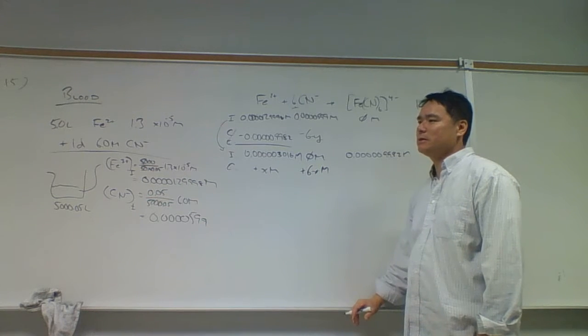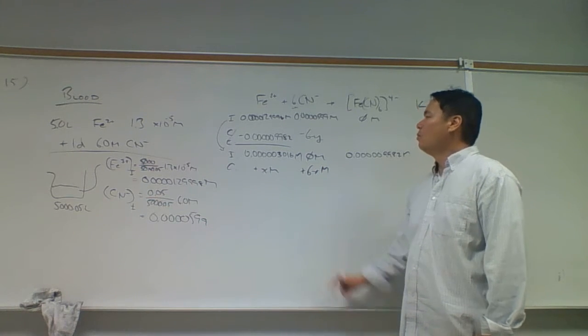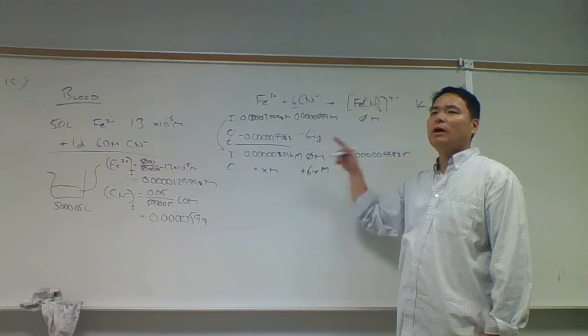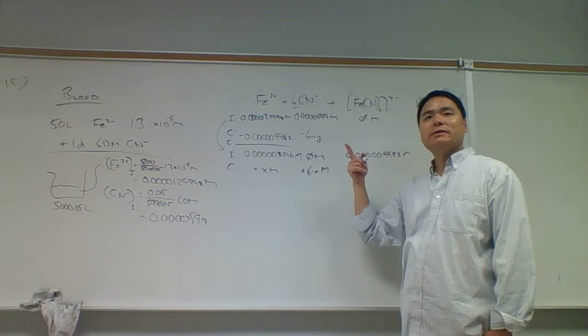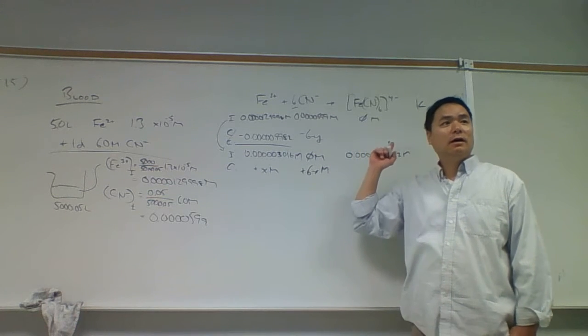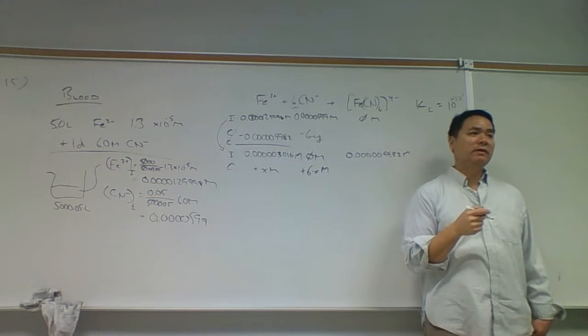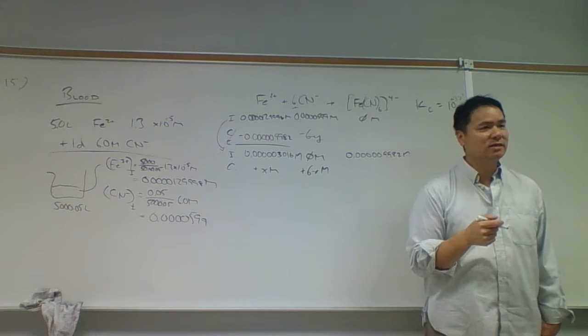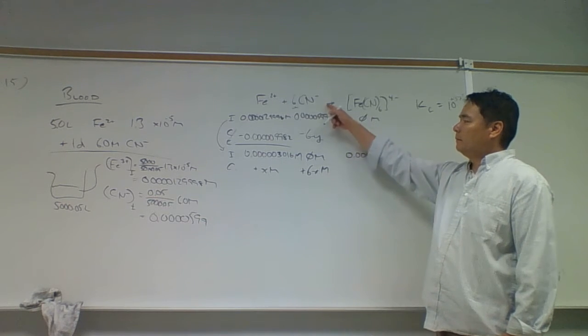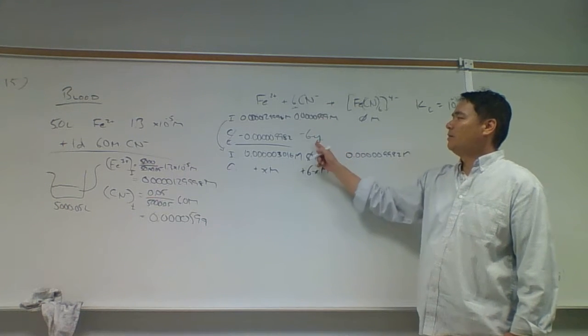So 2 big mistakes happened on this problem. The first mistake was that some people didn't reset this. They weren't able to solve the math. Even when they tried successive approximations, they still weren't able to solve the math. The other issue was they got the limiting reagent mixed up.